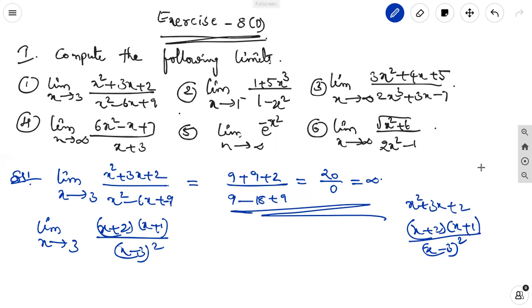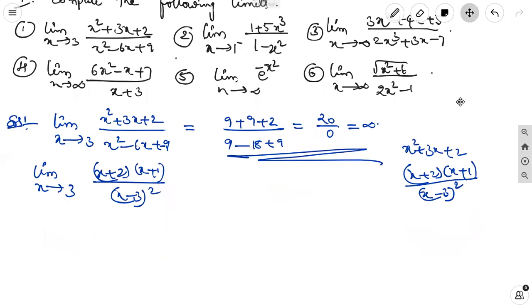The second solution is here also, limit x tends to 1 minus. X tends to 1 minus means the value is slightly less than 1. So minus 1 whole square is also plus 1 only. We can take x tends to 1 plus or 1 minus, and substitute x equal to 1 only.